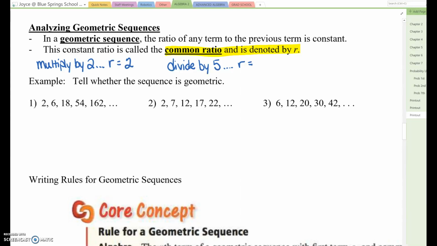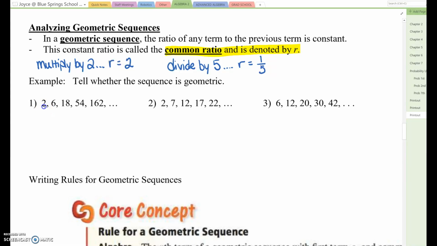Division is the same as multiplying by the reciprocal. So if your pattern is dividing by 5, your R would be 1/5. So keep that in mind when we're finding R. If it's a division pattern, you have to take the reciprocal of what you're dividing, and that's what you're multiplying by. In 1, 2, and 3, we need to decide, is this geometric or something else, and explain our reasoning.